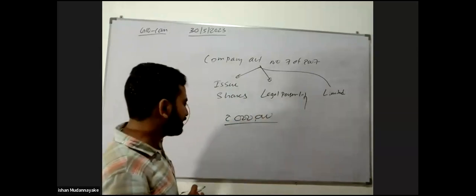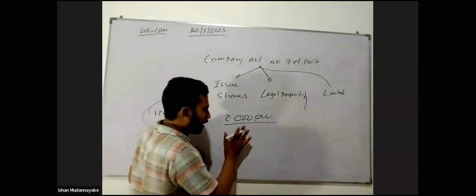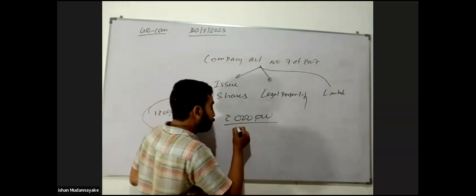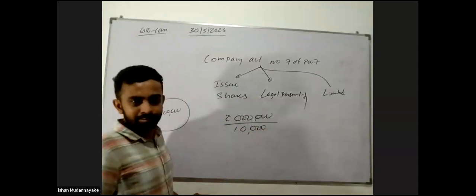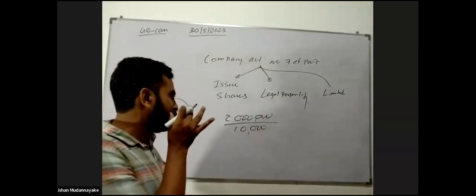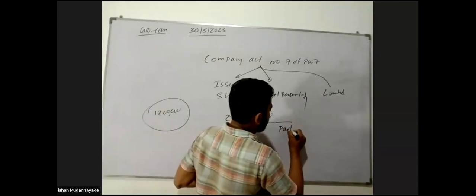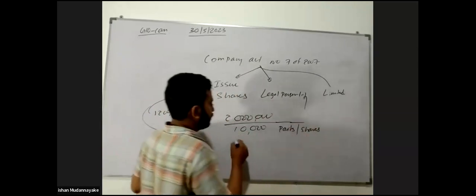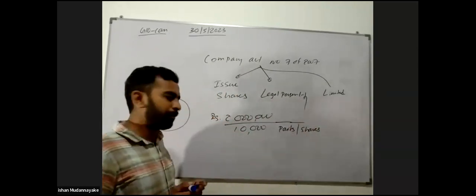Let's say Tanvi is going to divide this 2 million rupees into 10,000 parts, or 10,000 shares. And the required amount is 2 million.